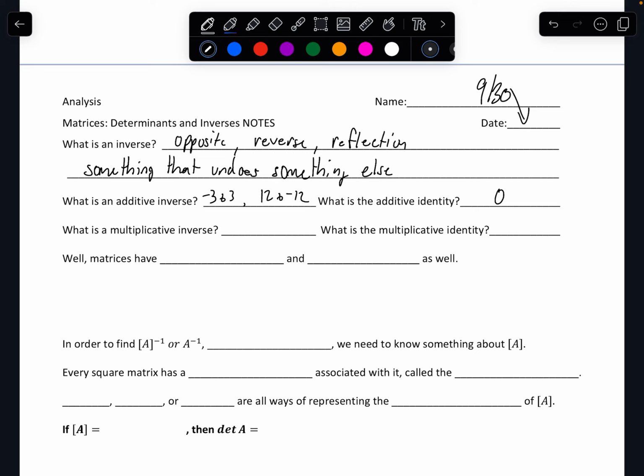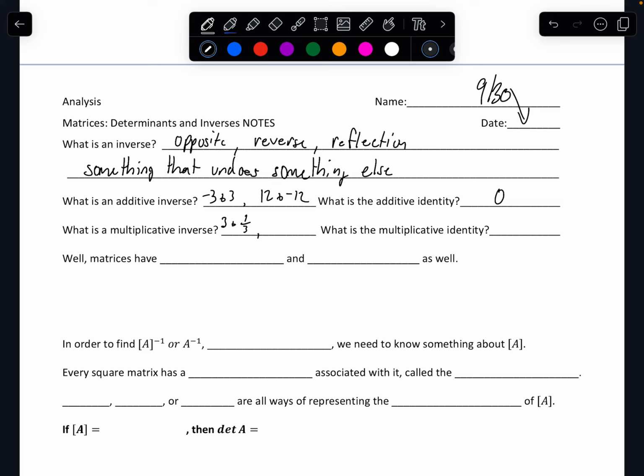We're mainly going to talk about multiplicative inverses today. That's a fun word to say, multiplicative. So what are multiplicative inverses? What's the multiplicative inverse of 3? Well, what do I multiply 3 by to undo 3? Well, it's just 1/3. 3 times 1/3, right? It undoes it.